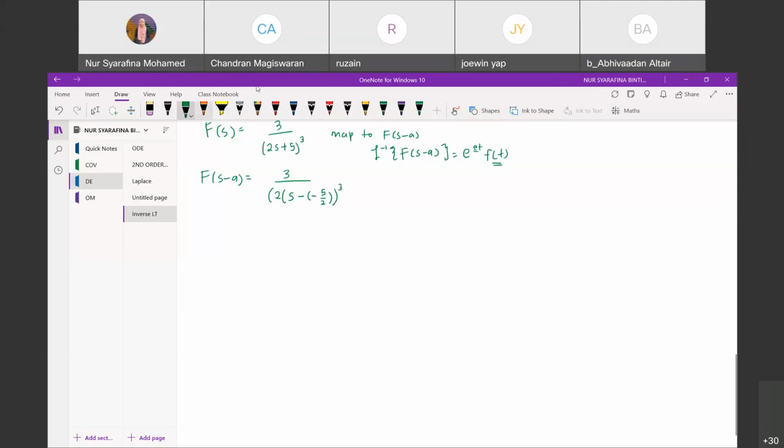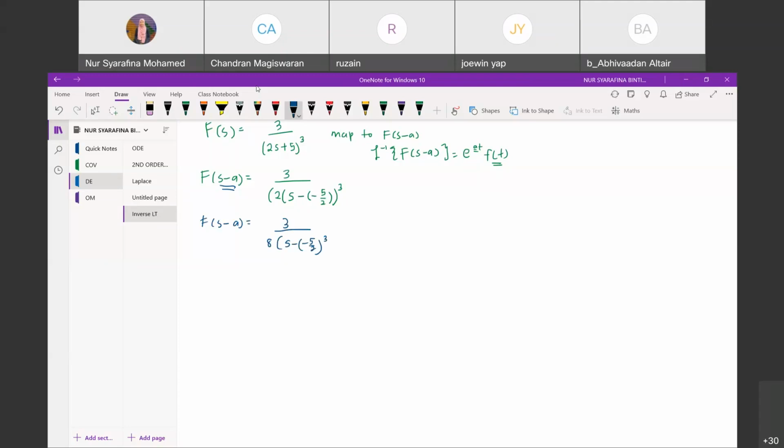We want this function in the form of s minus a. We cannot just write 2s plus 5 because we have to have s only. So we factorize 2 and put 2 outside, and then s plus 5 over 2, because we don't want to change the original value. So we can rewrite this as 3 over 2 cubed, which is 8, times (s plus 5 over 2) cubed.